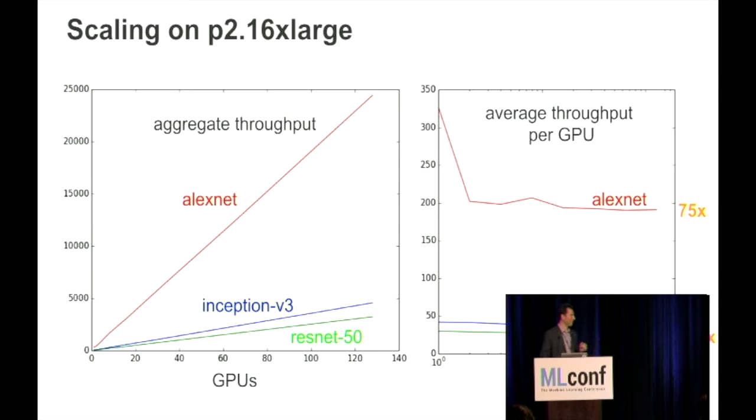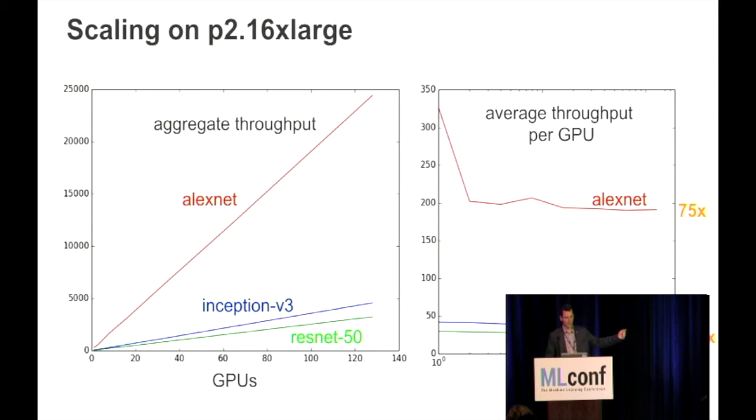Okay. Now, this is, of course, the number that I guess everybody's wondering about. So what we did is we took 128 GPUs, and this is the aggregate throughput on ImageNet, and we compared AlexNet, Inception v3, and ResNet 50. And so the speedup that we get is the curve on the right. So this is basically a log plot.